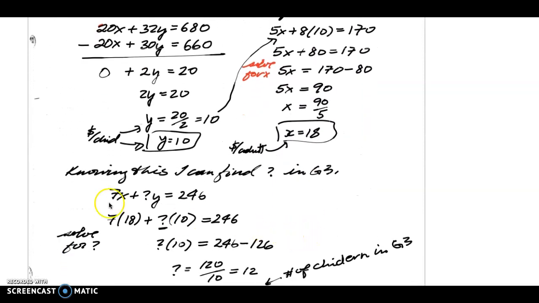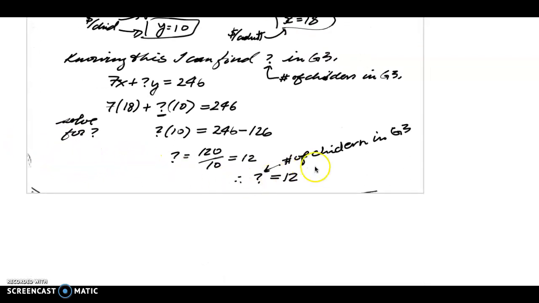So we just want to make sure that the question mark gives me the number of children in G3. That's the idea. And go through this video a few times, right?